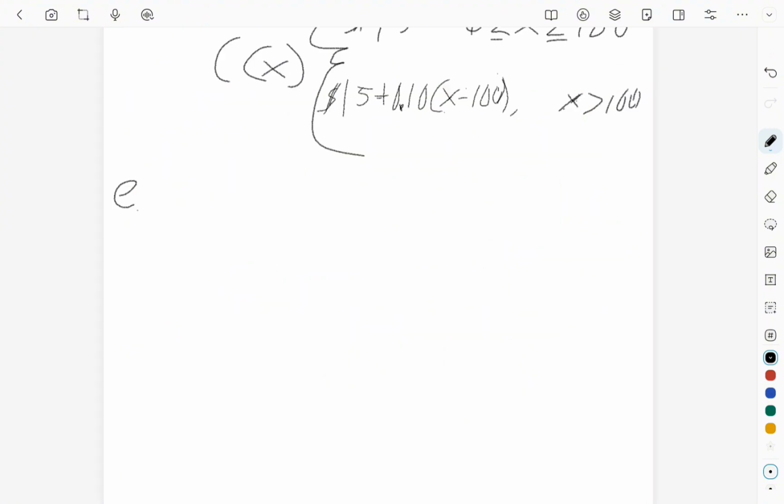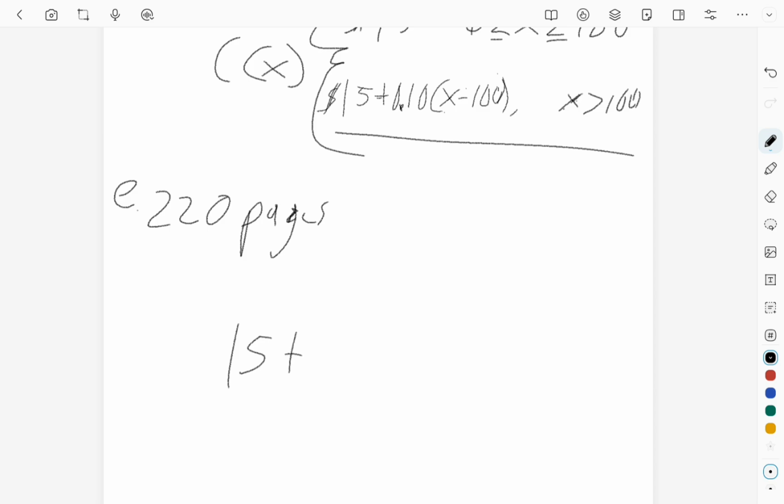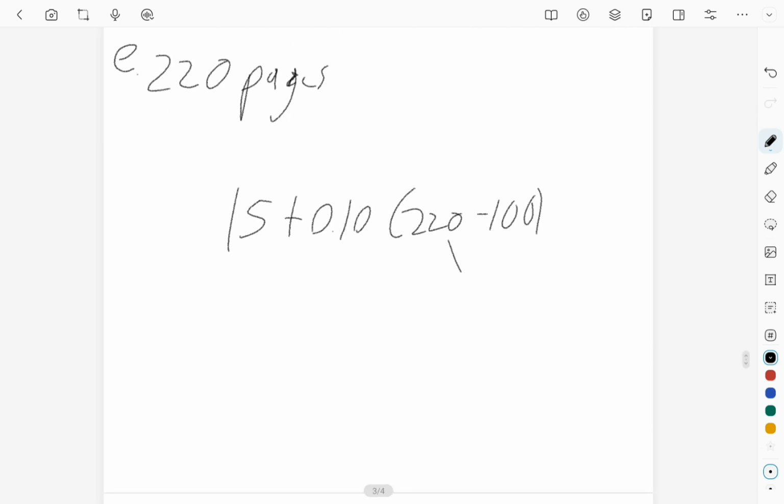For our last question, it's asking what 220 pages would cost us. We can now put the piecewise function to use. So we already know 15 plus 0.10, 10 cents, times 220 pages subtracted by the normal amount, and we solve this.